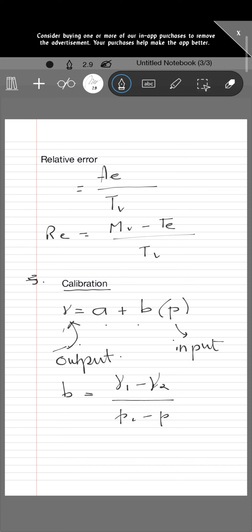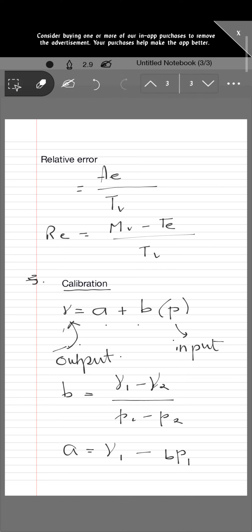This is basically the slope, and a, which is the output at 0 input, is simply gamma 1 minus b into p1.